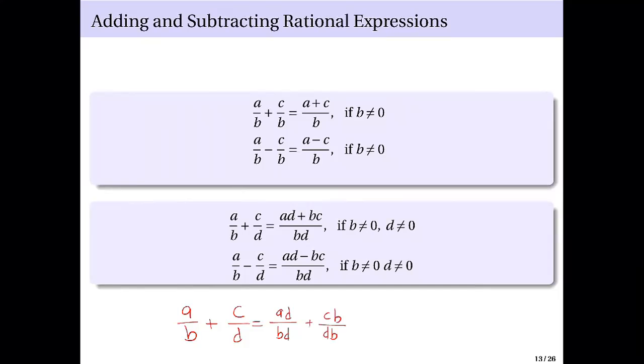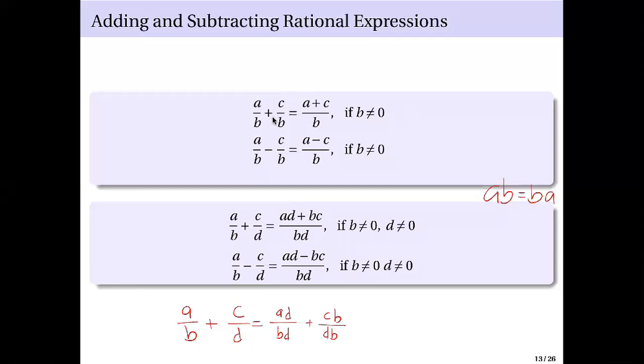Okay? Now notice, as I have mentioned before, AB equals BA. Okay, AB equals BA. So BD is the same as DB. Okay, so BD and DB, they are equal. Meaning we can use this formula here.